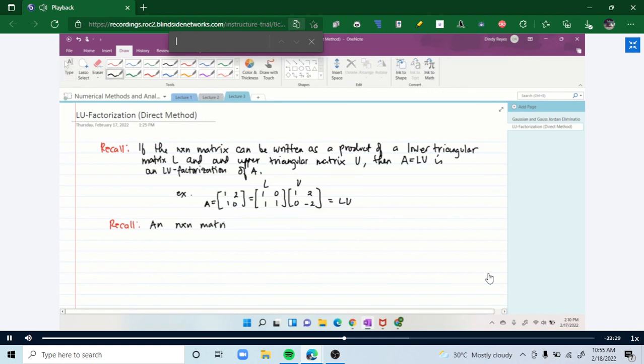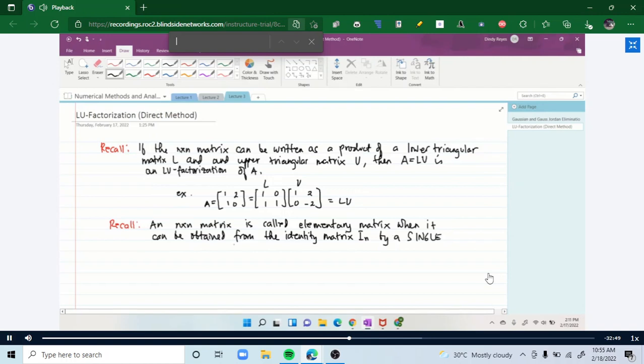An n by n matrix is called an elementary matrix when it can be obtained from an identity matrix of the same size, so I sub n, by a single elementary row operation.